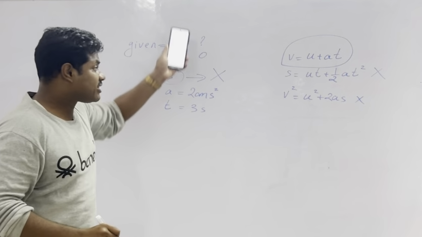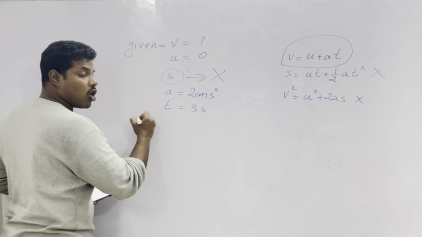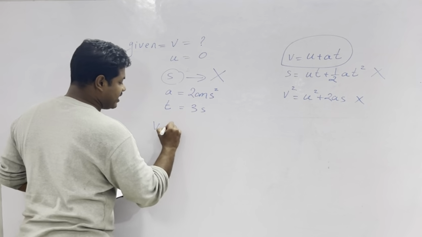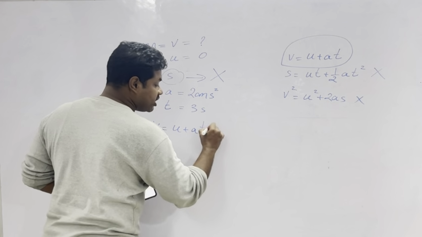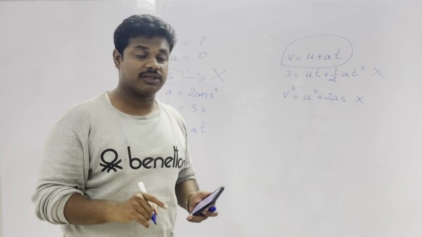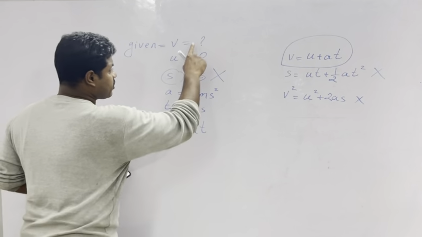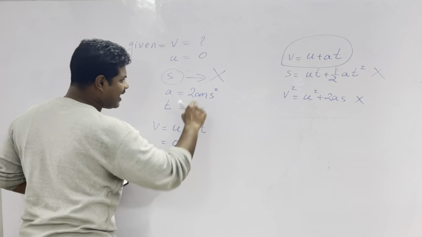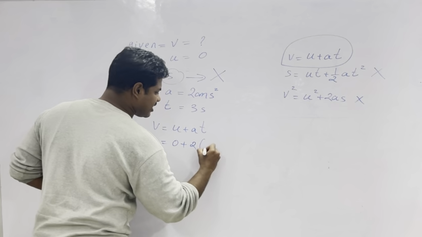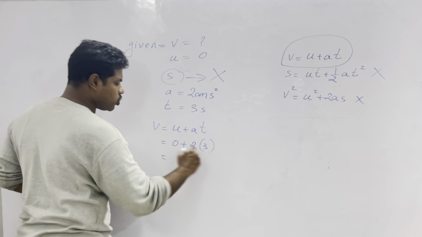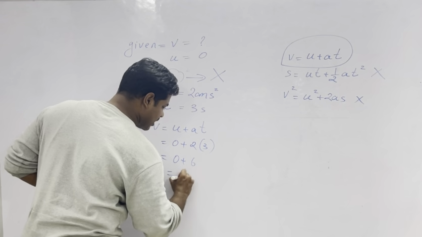So we will have only this formula. That means for this numerical, which law of motion am I going to take? I'm going to take the law of motion where V is equal to U plus AT. My dear students, writing the formula is very important because you get marks for the formula. Let's substitute. U is given 0, A is given 2 and time is given 3. V equals 0 plus 2 into 3, I am getting 6.